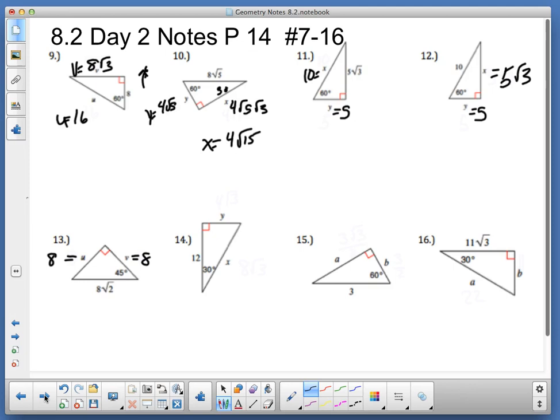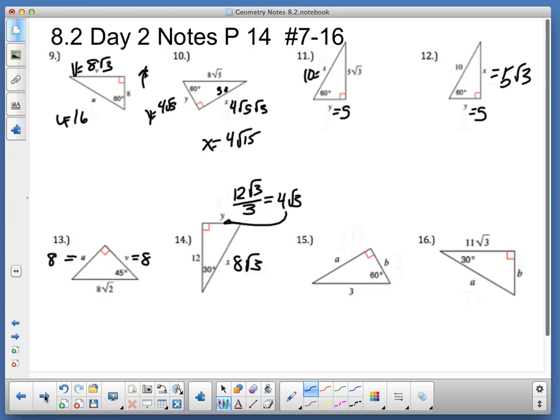And now I'm looking at 14, which is 12 on my longer leg. And to go from the long leg to the short leg, I multiply the long leg by the square root of 3 and divide by 3, and that becomes 4 the square root of 3. That's what y is. Now I double that short leg, and that becomes 8 the square root of 3.